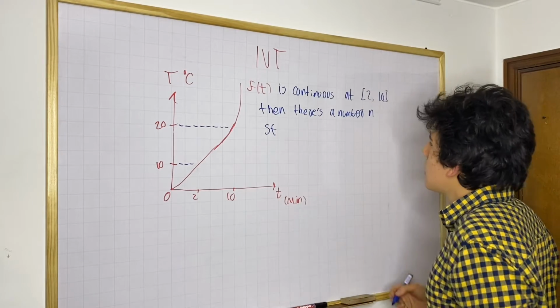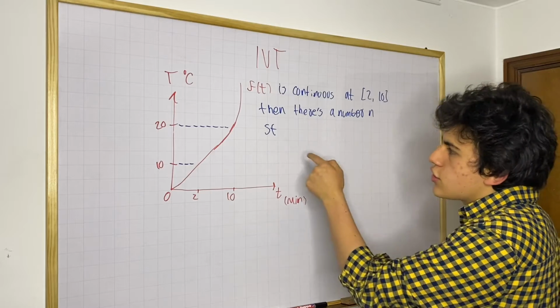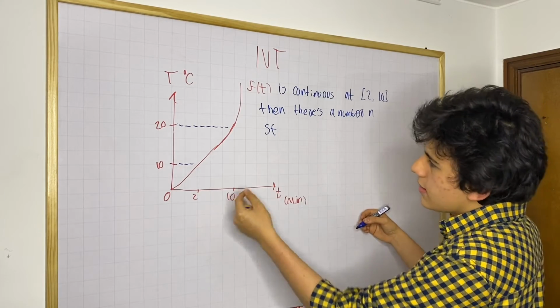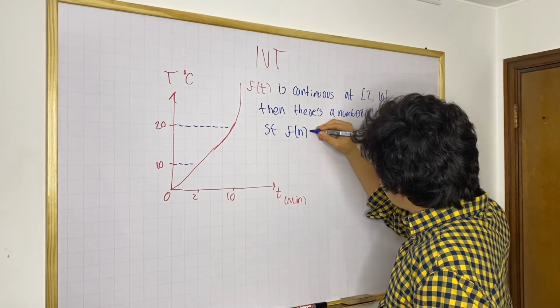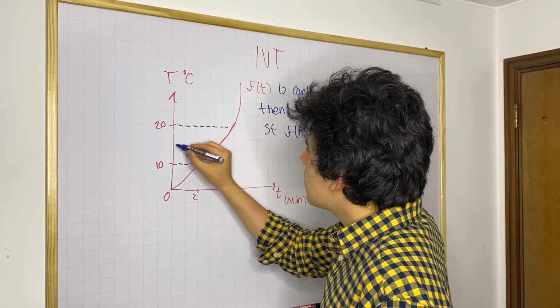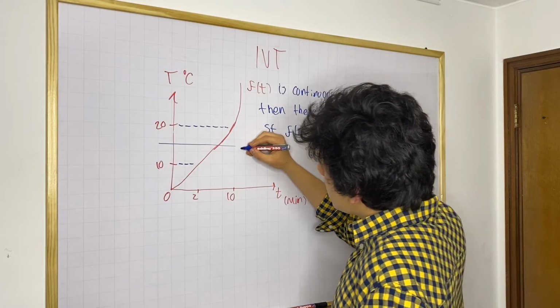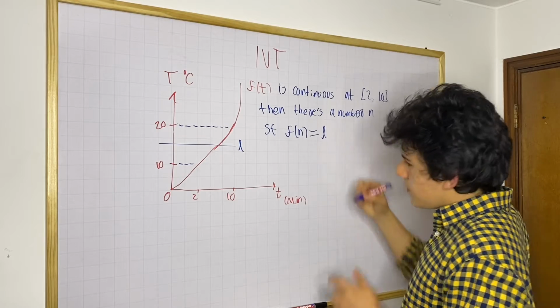And you can write it as, there is a number n such that f of n is equal to, and now I'm going to define a line, let's suppose it could be a line like this. And I'm going to call this line L. That's an L. Is equal to L.